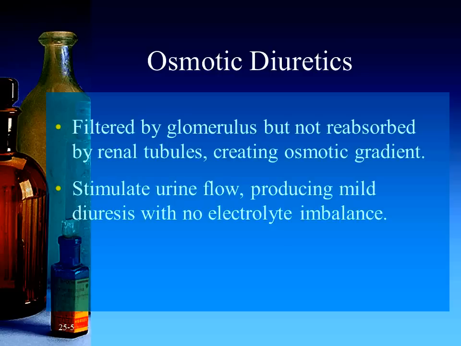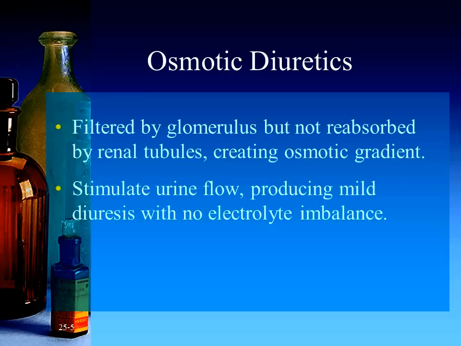Osmotic diuretics are compounds that can be filtered by the glomerulus but not reabsorbed by the renal tubules. So once these compounds are inside the circulation, they attract fluid from the tissues. As they're rolling around the body, they're pulling in fluid from the tissues, and those water molecules are attaching to these compounds.